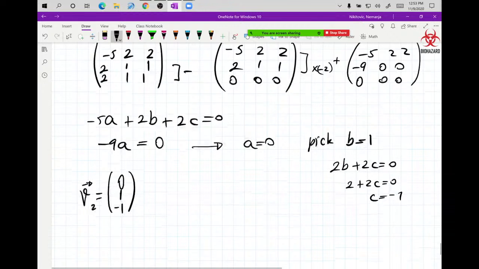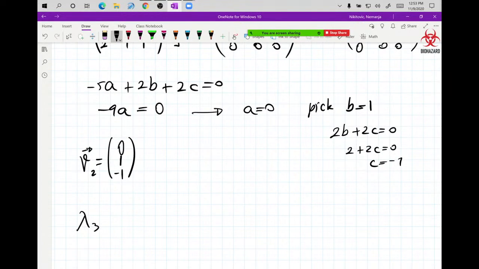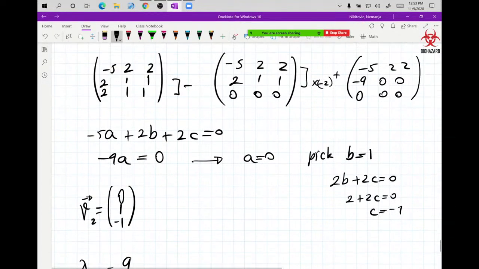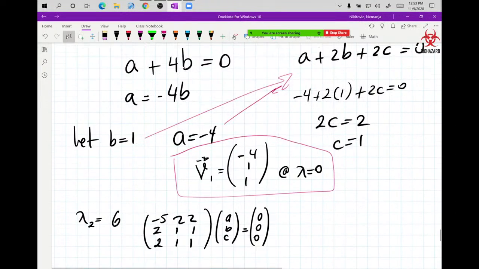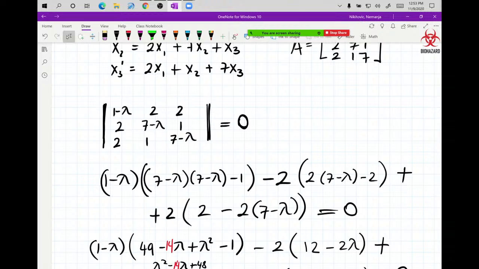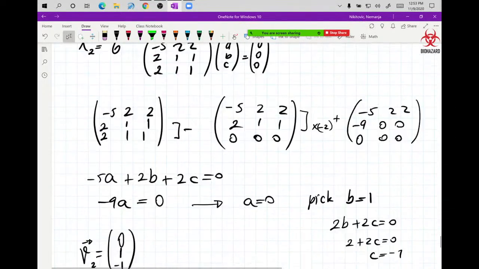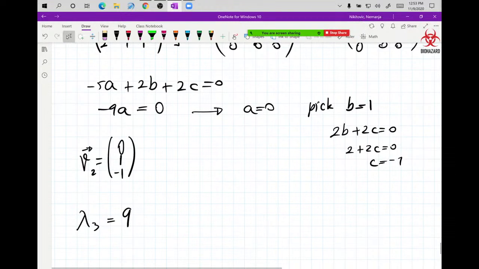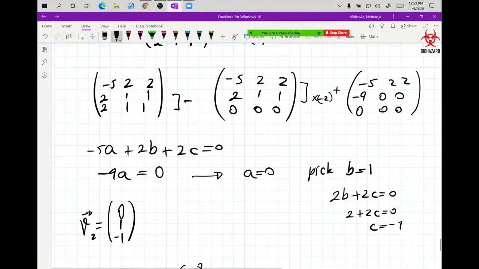And now the third vector, right, from lambda 3, which is 9, you go back to the original all the way on top, and now you subtract 9. So that's going to be -8, -2, -2, and the rest of the values stay the same.